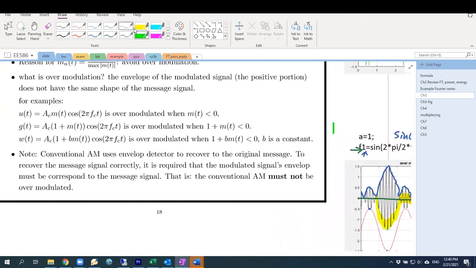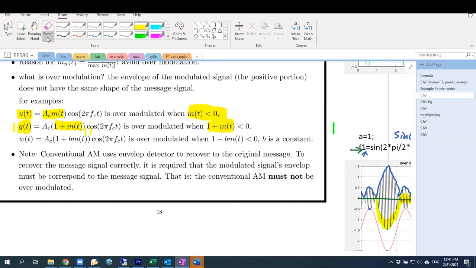So I summarize here. If u(t) equals 2 A_c m(t) cos, overmodulation will occur whenever m(t) is less than 0. If I use a different notation, g(t), we use this whole thing to multiply the amplitude of the cosine.